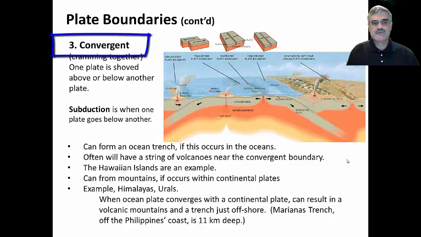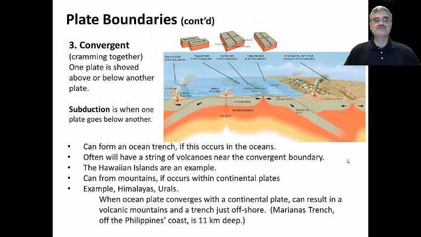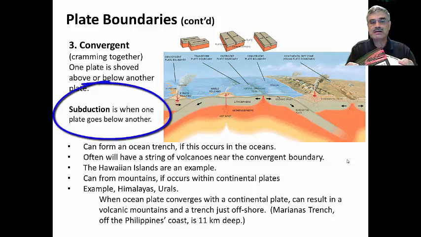The third type of interaction between boundaries is what we call convergence, which means the cramming together. This can be the most violent type of interaction between boundaries. Imagine having two plates that come together, and when they butt heads with each other, something's got to give. What happens often is that one of them is subducted below the other.